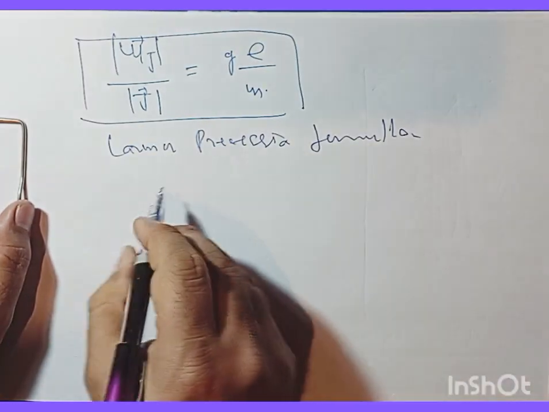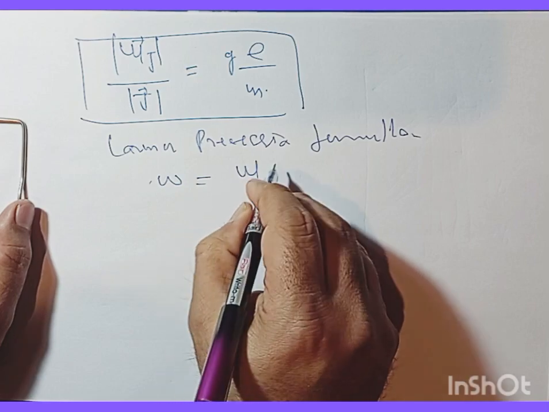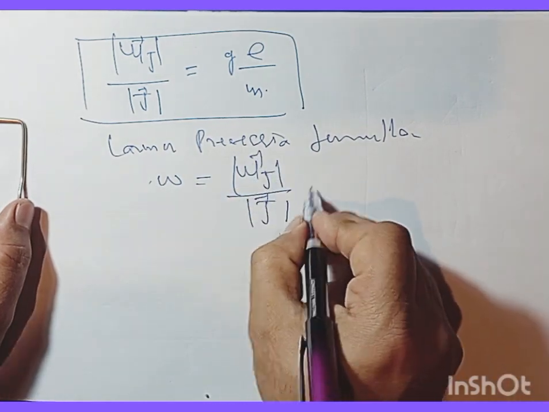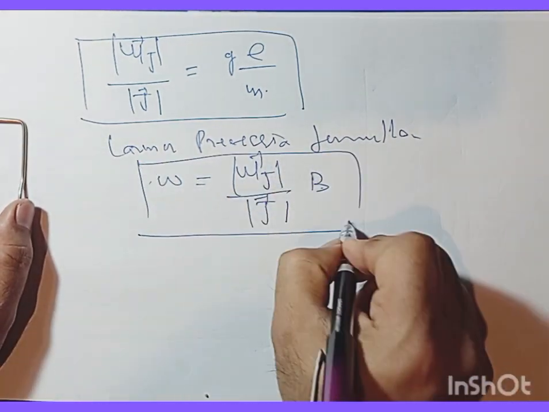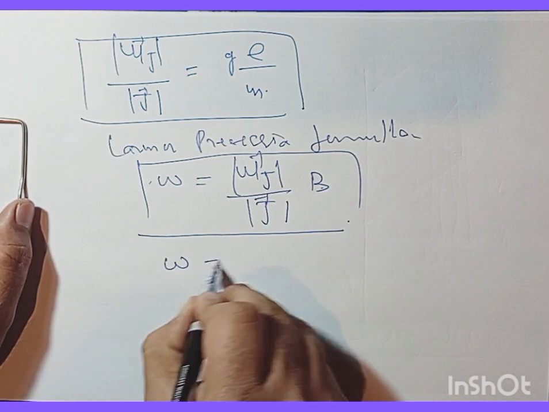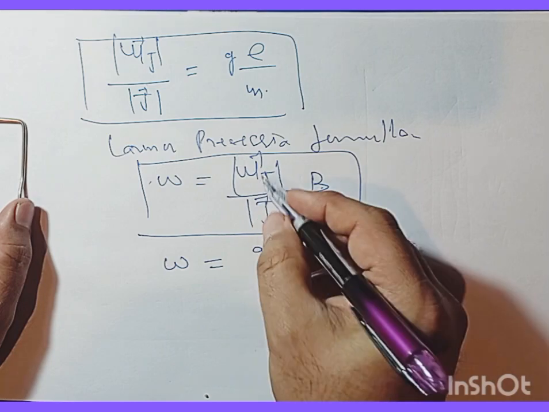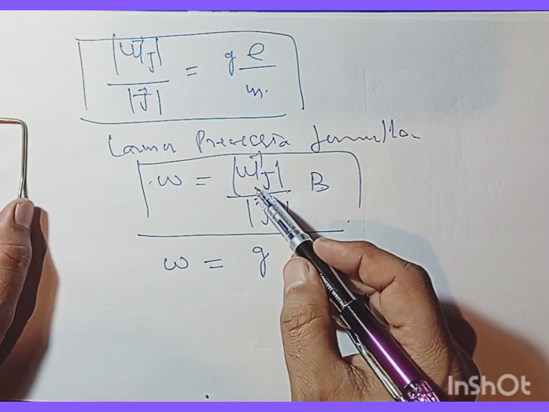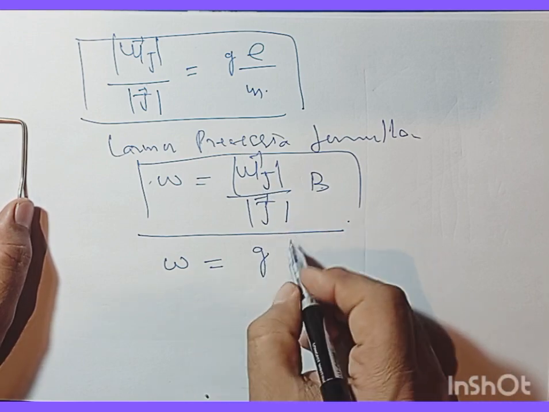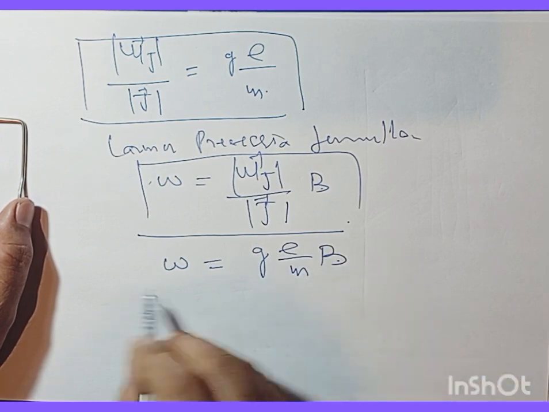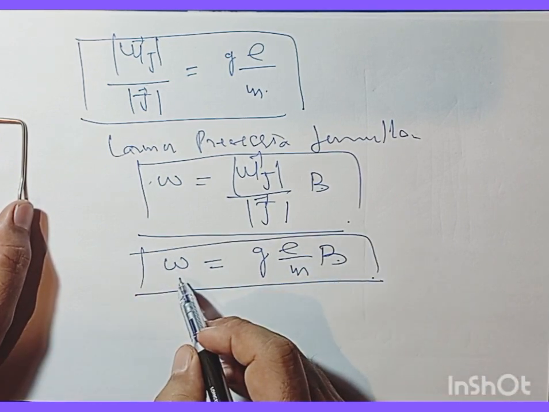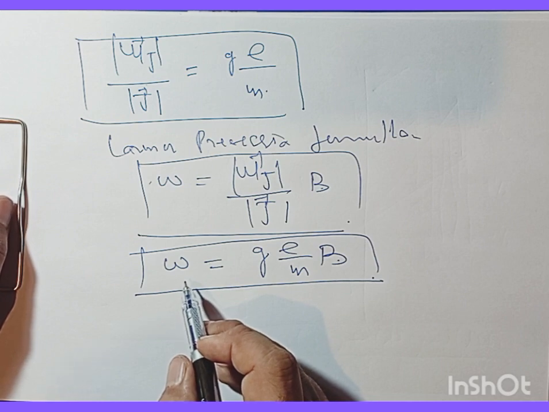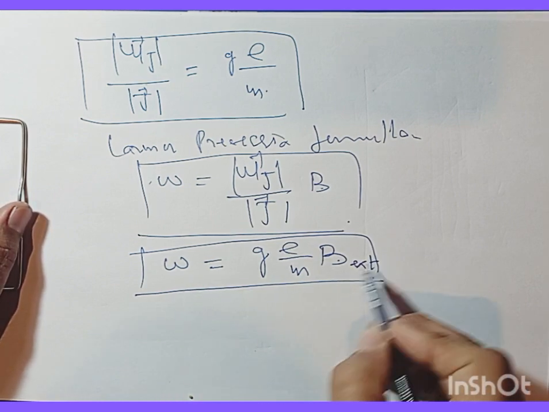That formula is that omega is the mu J magnitude by J magnitude times B. We can write omega as G times e by 2m times B, instead of mu J by J. This omega is the angular frequency, and B is the external magnetic field that we have been applying on the system.